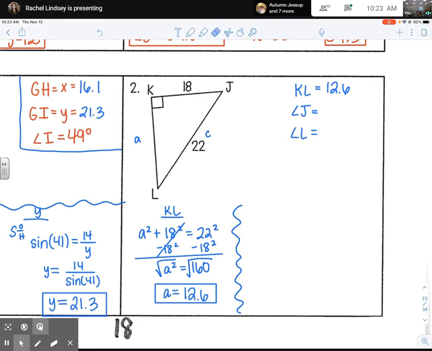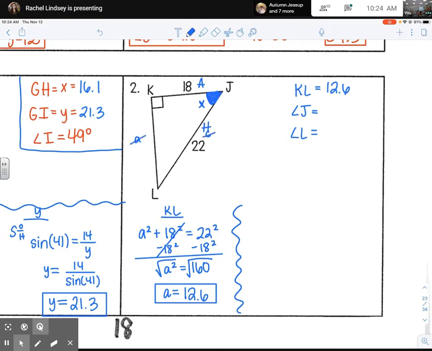I can solve for angle J or angle L, it doesn't really matter which one. Angle J or angle L? J. So if we solve for angle J, we have to use 18 and 22. So 18, would that be opposite, adjacent or hypotenuse? Adjacent. And then 22? Hypotenuse.